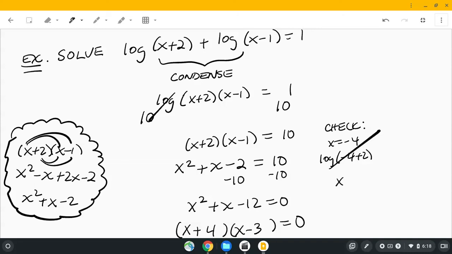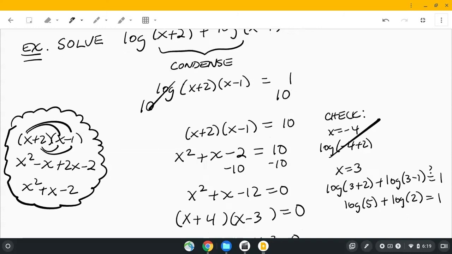All right, let's try x equals 3. So that will give me log of 3 plus 2 plus log of 3 minus 1. Does that equal 1? Okay, so that's log 5 plus log 2. Does that equal 1?